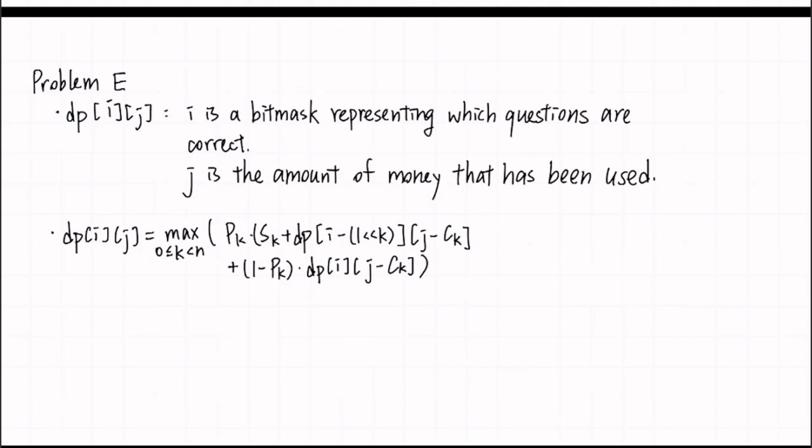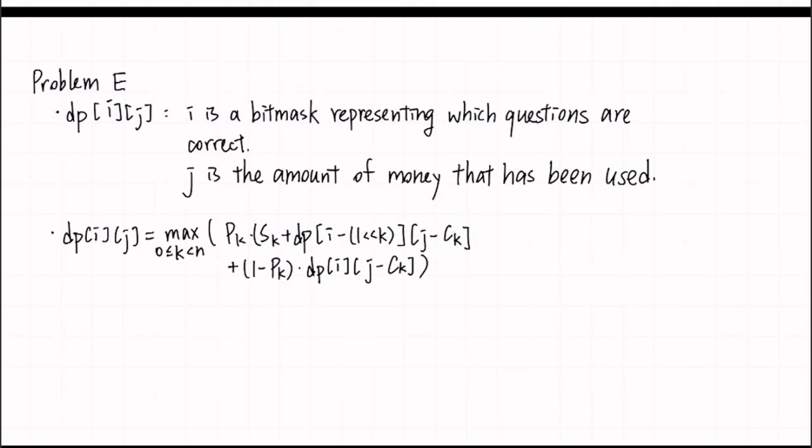Yes, sorry for that mistake, but j should represent the amount of money that has already been used in this current state. So, when we loop through the current submission, this will come from j minus ck since an additional ck amount of money is used in this current submission.